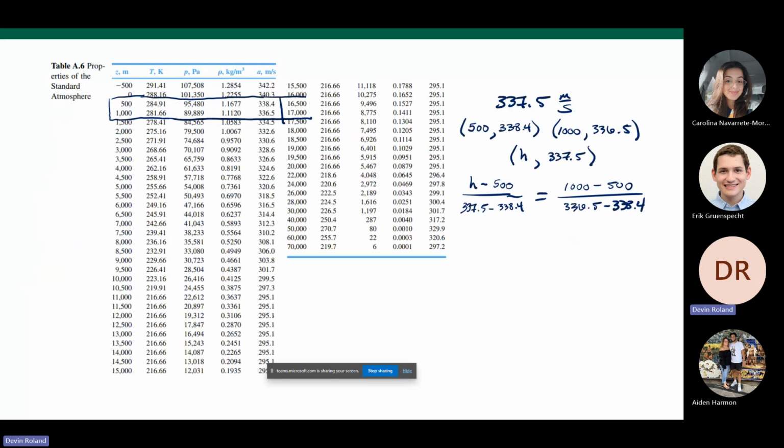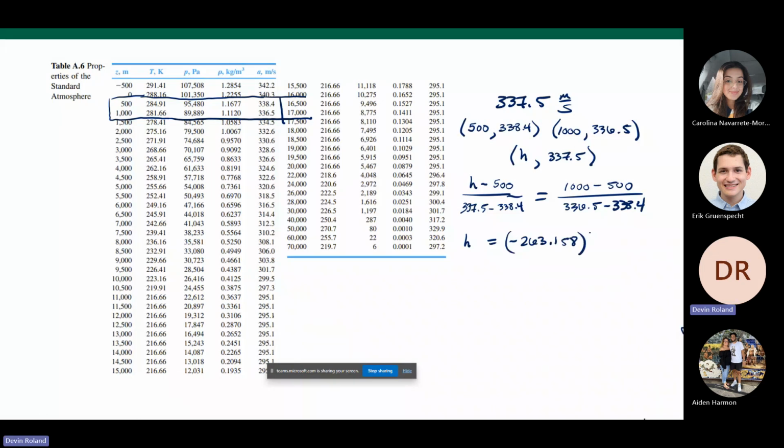So if we calculate that real quick, then on the right-hand side, that ratio is going to be 63.158.